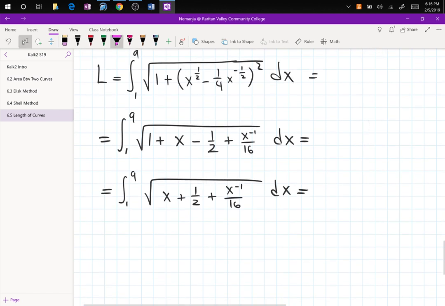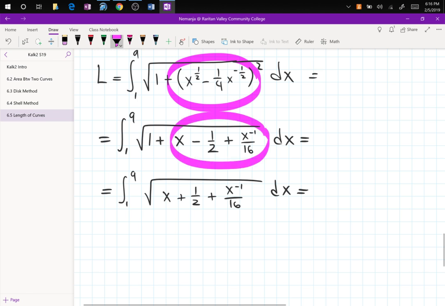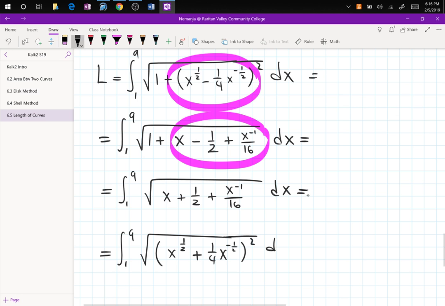Using the same trick as before, if this works that way, then when we go backwards, we will have a square root of, open parenthesis, x to the positive 1/2 plus 1/4 x to the negative 1/2, everything squared, dx.